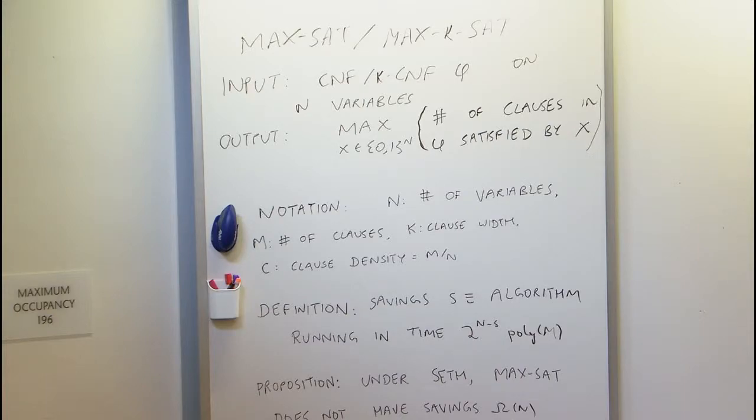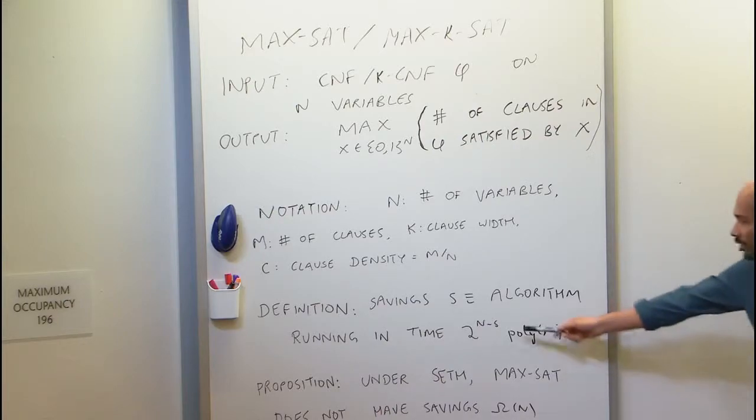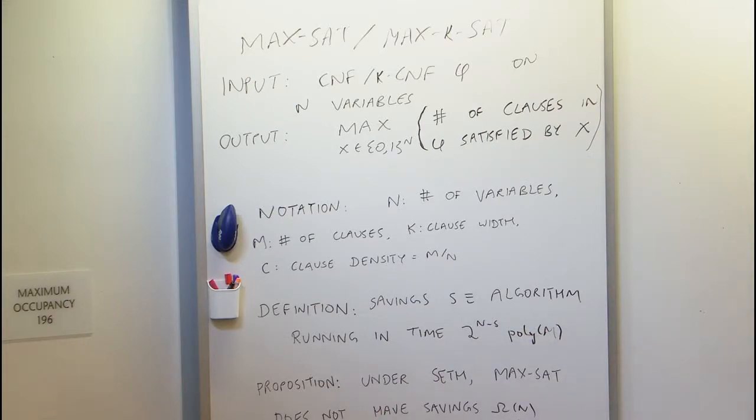In general, n is some parameter that represents the size of the search space. In this case, the size of the search space is just the number of possible assignments, which is 2 to the n. So that's what you're trying to save over. And you'll have some additional factor, which is polynomial in the instance size, which we'll mostly be suppressing through the talk. We won't be that interested in it. So we'll be interested in achieving savings as large as possible for this problem.